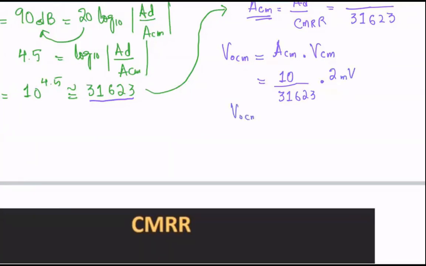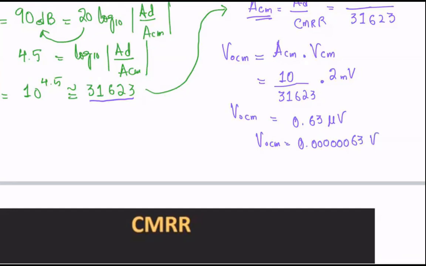If you do the math here, you'll get your common mode output voltage to be equal to 0.63 microvolts. That is insanely small. If I write it in volts, that would be 0.000345663 volts.